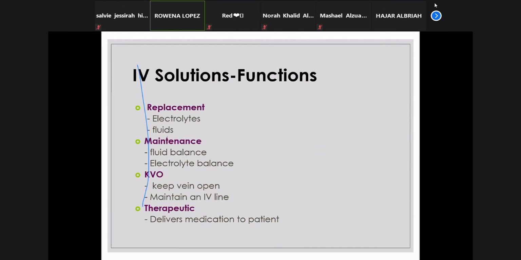Sometimes even if our patient doesn't have an IV fluid going on, there is still a peripheral line open, because we have had experience before with a patient who was for discharge already, but before the discharge, the patient became unconscious and there was no IV. We had already removed the IV line prior to the discharge.